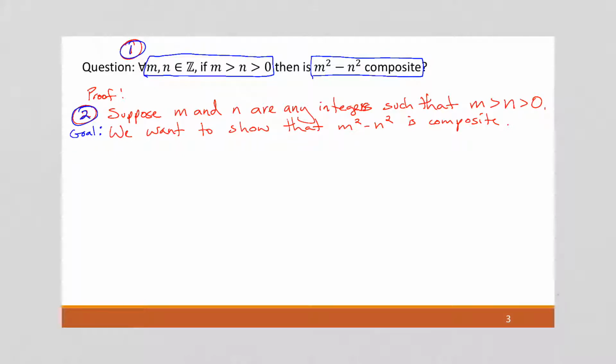So we need to show that, remember, there are two parts to being composite. One, that m squared minus n squared is greater than 1.